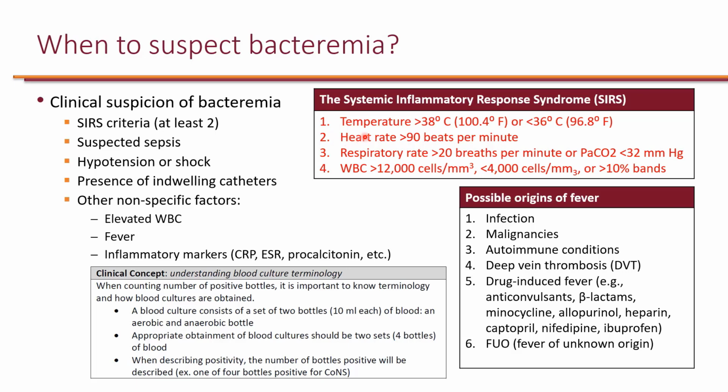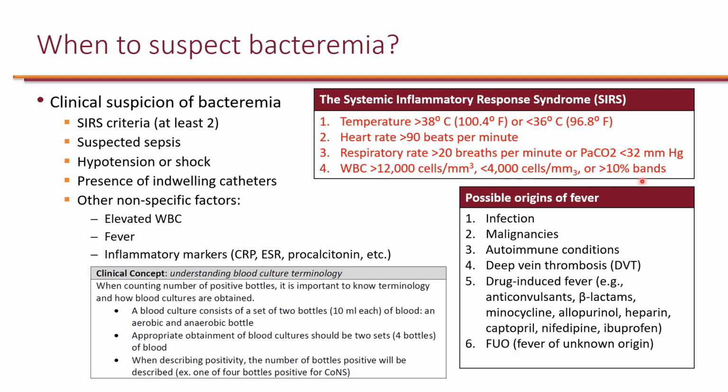So that includes a fever, which is defined as a temperature of 38 degrees centigrade or 100.4 degrees Fahrenheit, or hypothermia if someone's temperature is less than 36 degrees, as well as heart rate over 90 beats per minute, respiratory rate over 20, or PaCO2 less than 32. And lastly, white blood cell count more than 12 or less than 4. So the first one is leukocytosis, the second one is leukopenia.